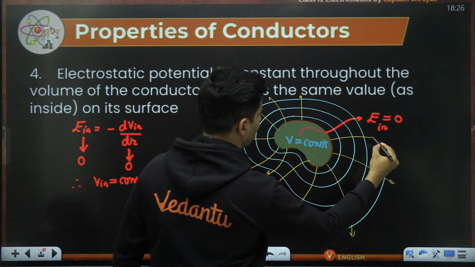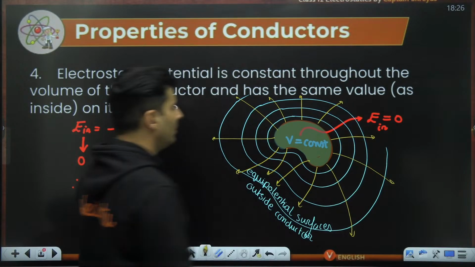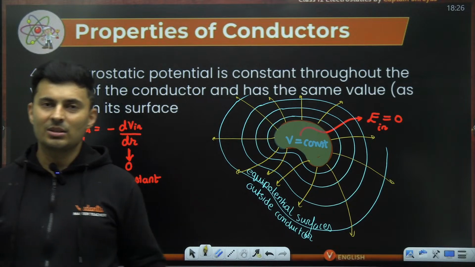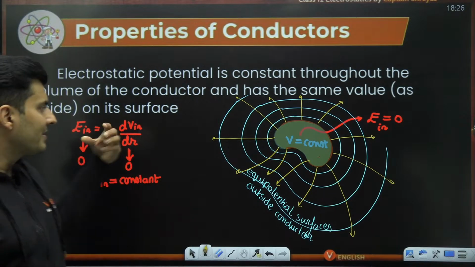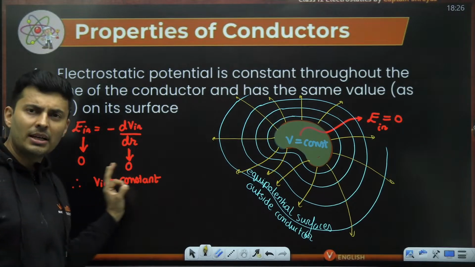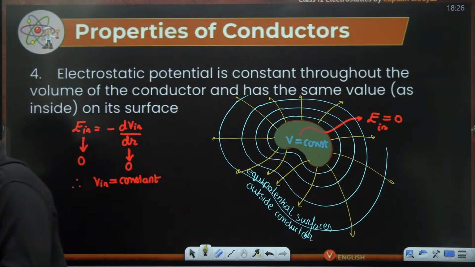Something like this. So this is how the field lines will look, and those will be the equipotential lines. This is how the fields and the equipotential surfaces behave for a conductor. Is this absolutely clear, my dear warriors? Done, dusted. Shall we go ahead?